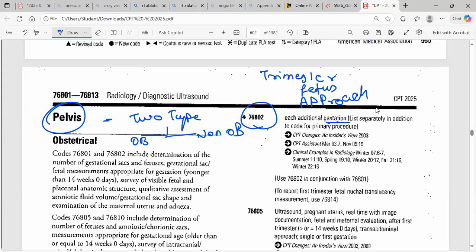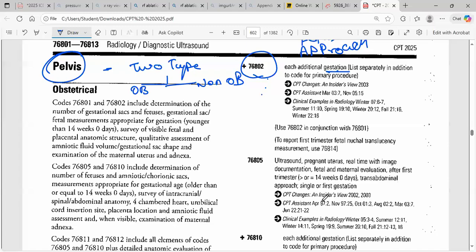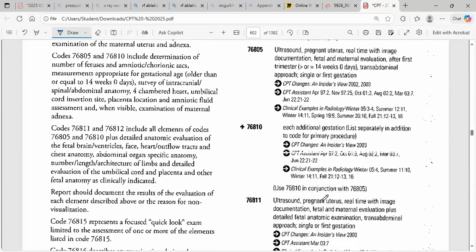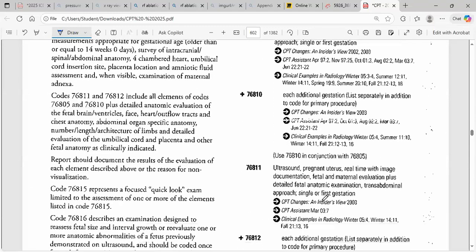Also, we do have a code for the BPP, that is biophysical profile, under the fetal ultrasound itself, under this section only. So in the BPP, we will review the amniotic fluid, fetal breathing.